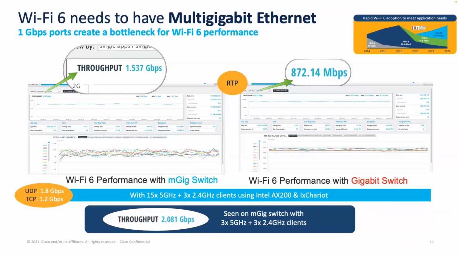Actually, this is only the reference for you about the multi-gig ports. For the multi-gig ports, we can support up to 5 gigabit per second. So with Wi-Fi 6, it's only the data for the testing, and we can have the higher speed in any of the cases.